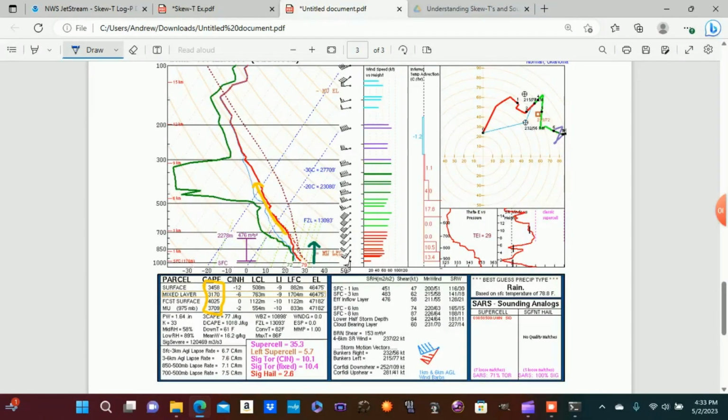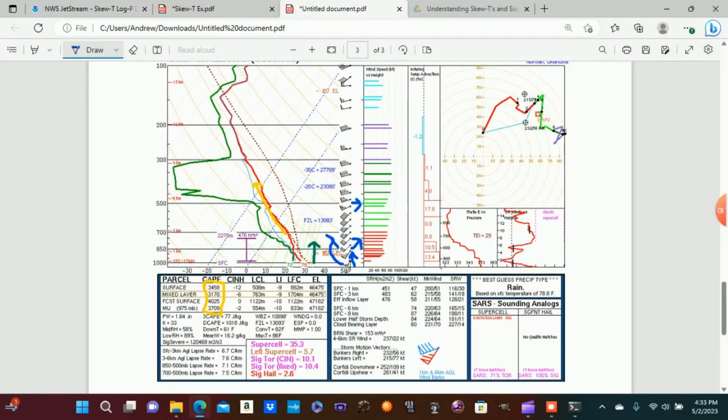And so here is your veering wind profile in the lowest levels of the atmosphere right here. And so we have southerly winds here at the surface. And then at around 850 millibars, you have winds coming out of the southwest. And then close to 500 millibars, you have your winds that are coming almost out of the due west. And so this is indicative of your veering wind profile and also indicative of strong vertical wind shear.